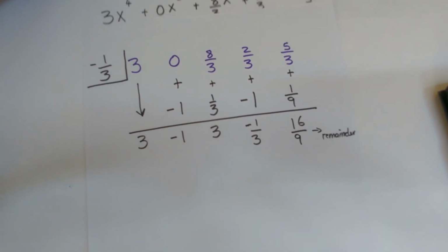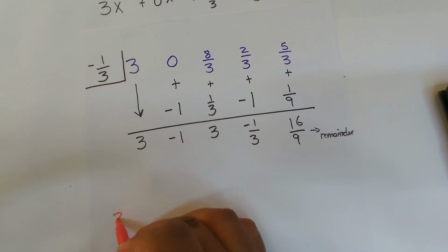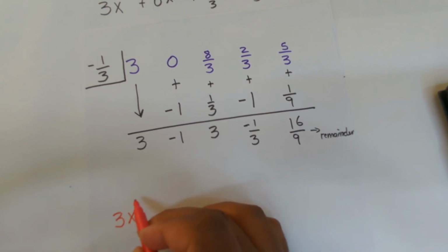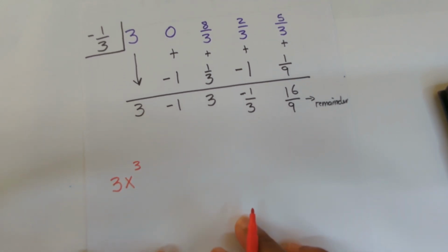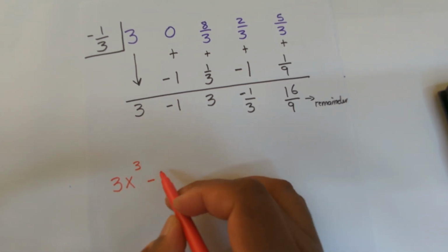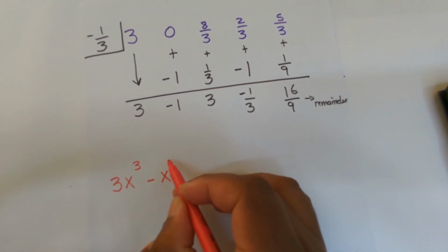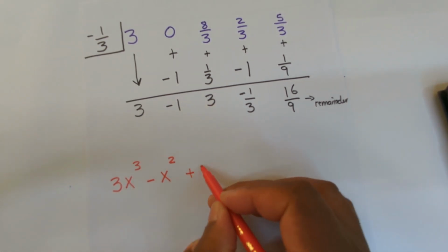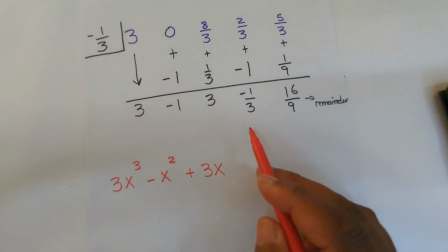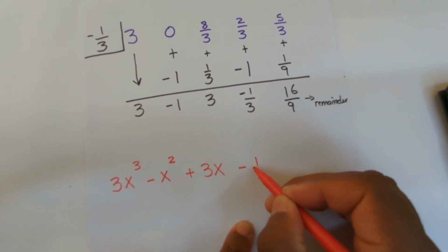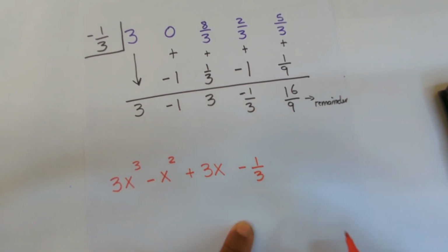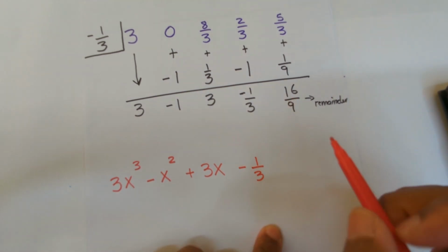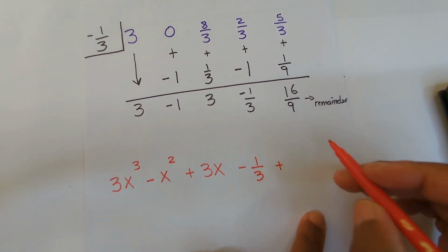So we're going to have 3x to the power of 3, minus 1x, which is just minus x to the power of 2, plus 3x and our constant of negative 1 over 3 with our remainder of 16 over 9.